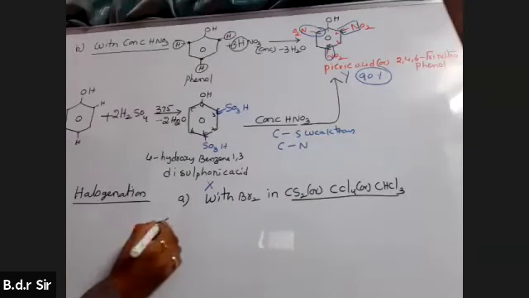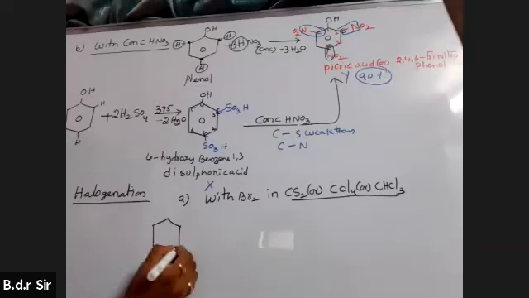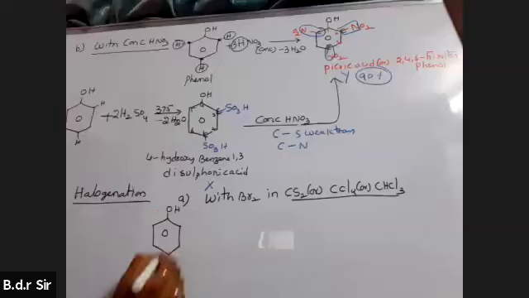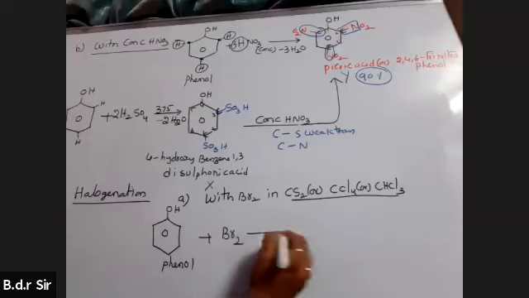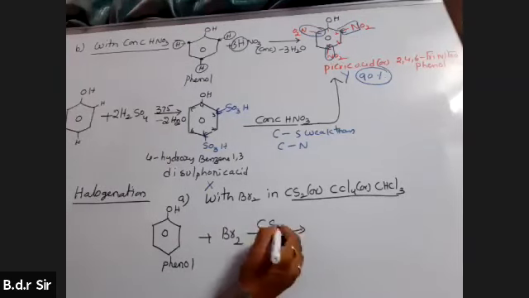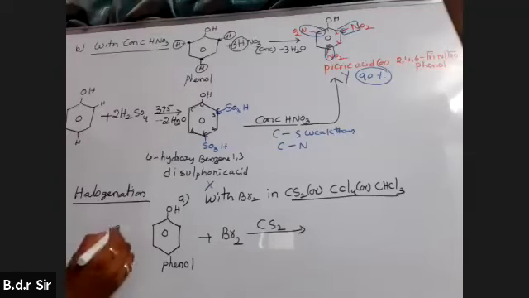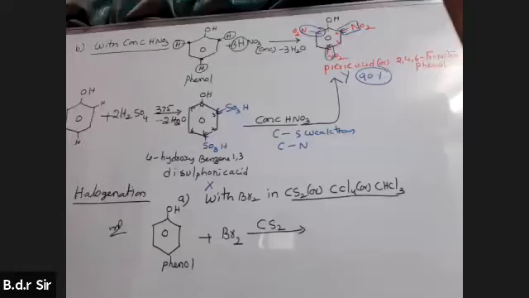Okay, phenol reacts with bromine in the presence of carbon disulfide. Important equation. It is very, very important. Here hydrogen is substituted by bromine.